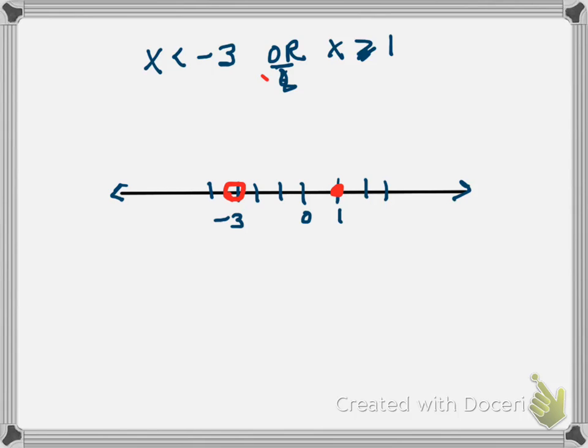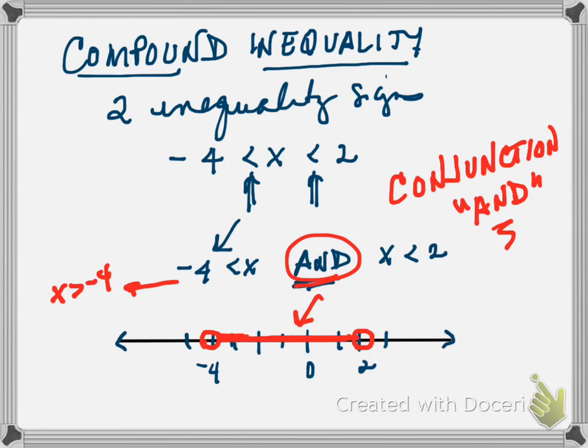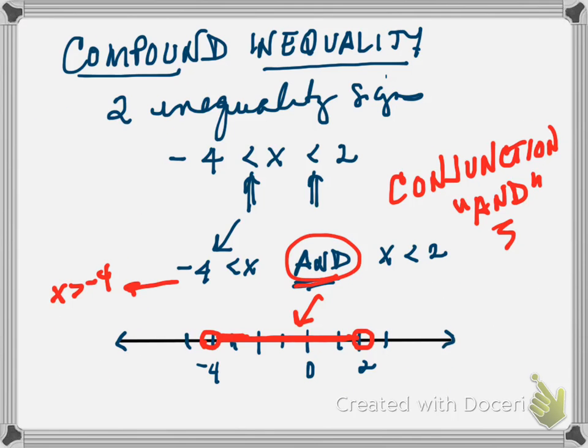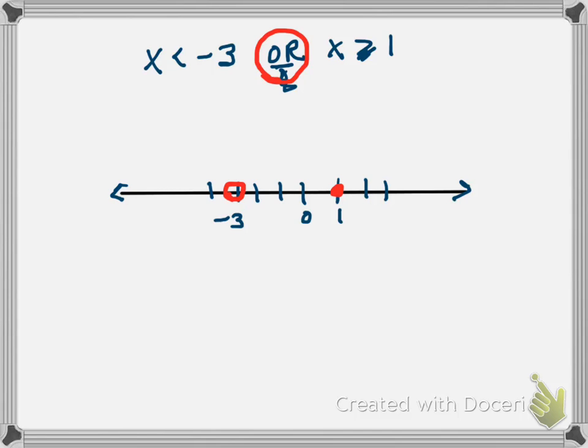All right, now I have the word or. So unlike the conjunction, which looked like this, and the graph was caught between the 2 points, my graph is going to go in the opposite direction this time. So x is greater than or equal to 1 causes me to shade over here, and the values that are less than negative 3 are to the left.